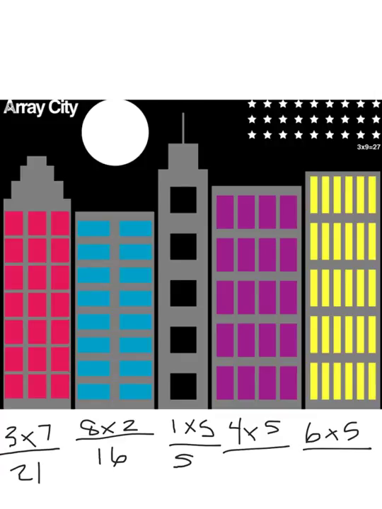So 1, 2, 3, 4 by 5. Or it could be 5 by 4. Doesn't matter. Let's count how many there are. 1, 2, 3, up to 20. So 4 times 5, or 5 times 4, is 20.